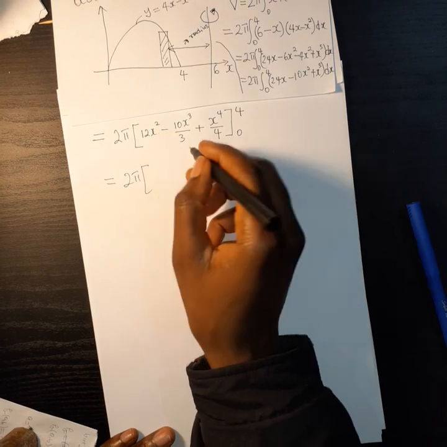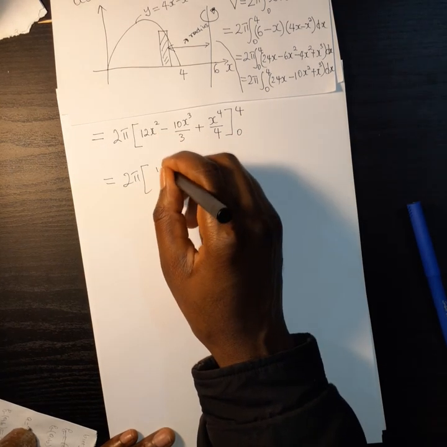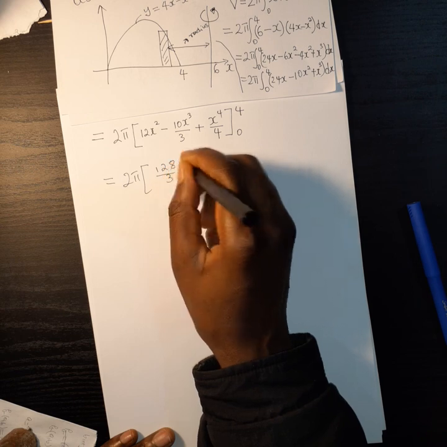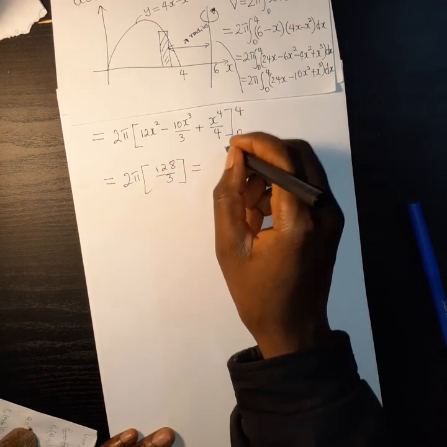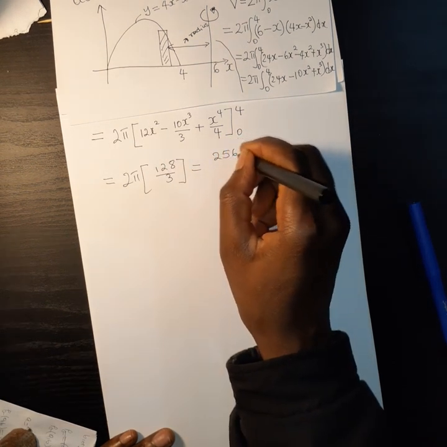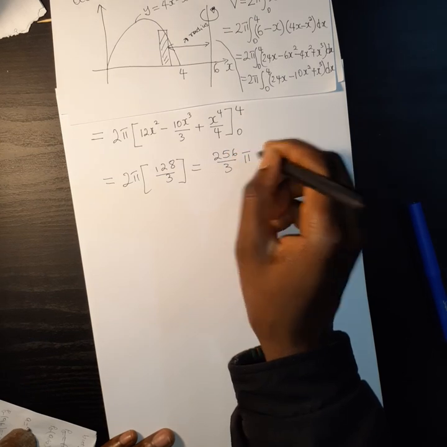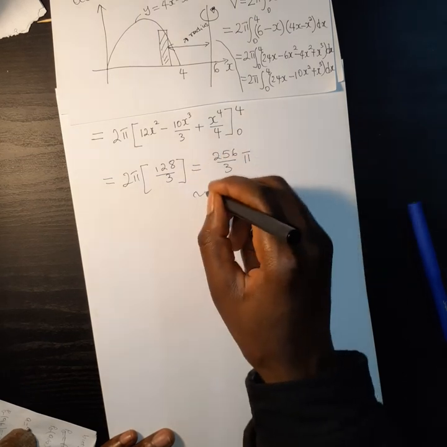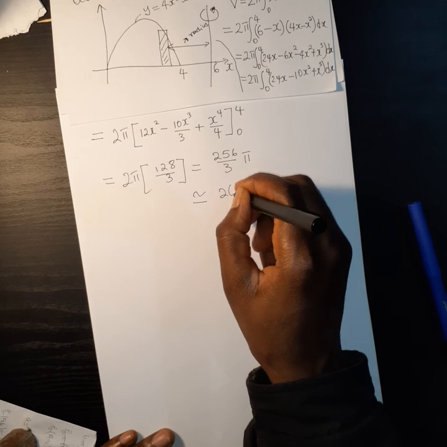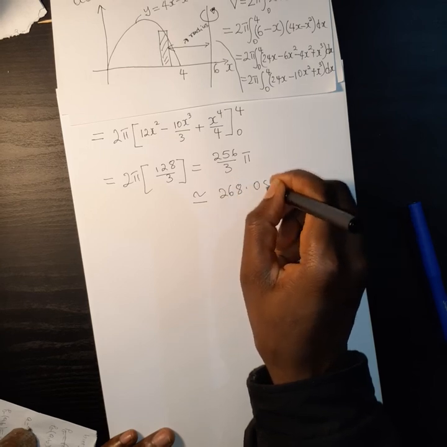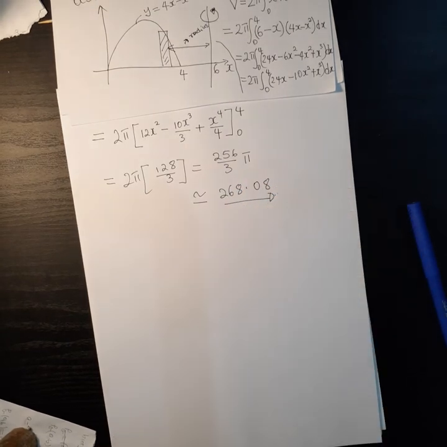You put 4 there and so on. You get 128 over 3, which will give us 256 over 3 with a pi. And this is approximately 268.08 cubic units.